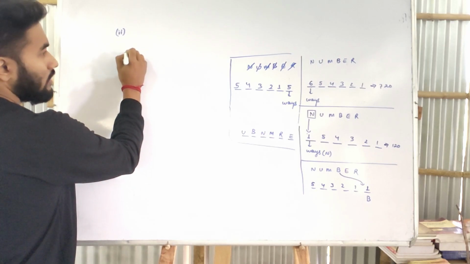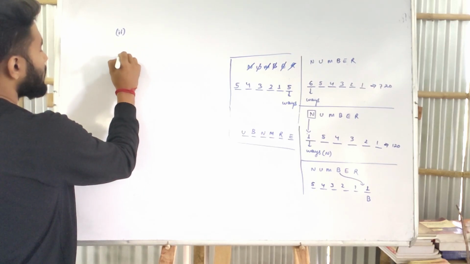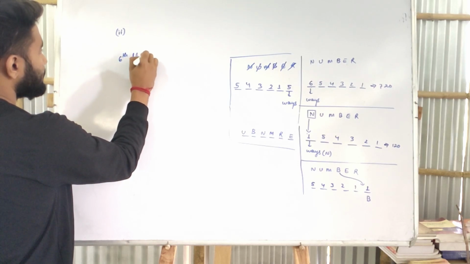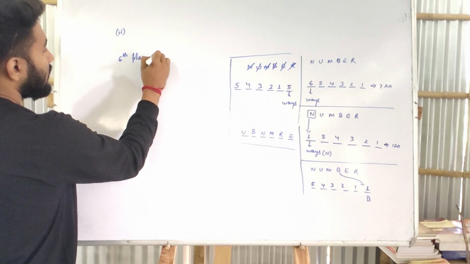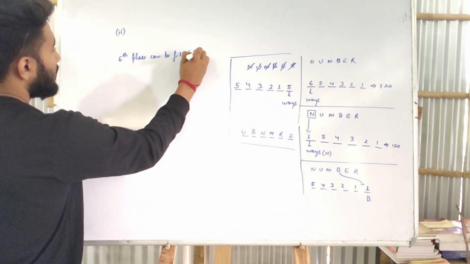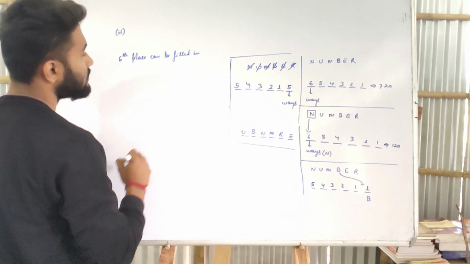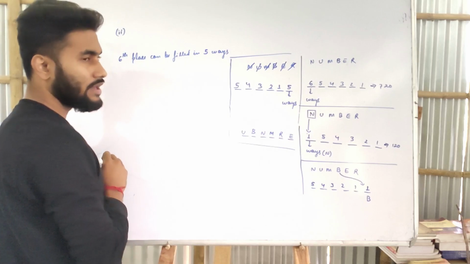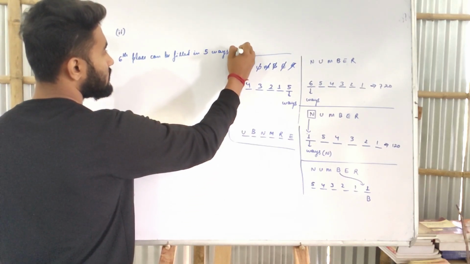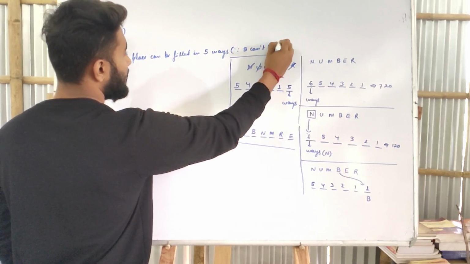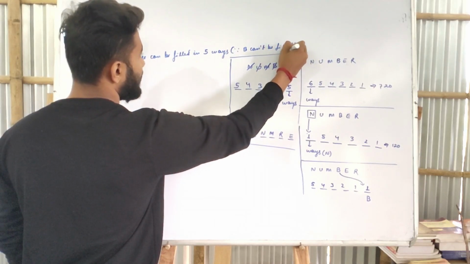Solution. Sixth place can be filled in how many ways? 5 ways. Why 5 ways? Since B can't be filled.